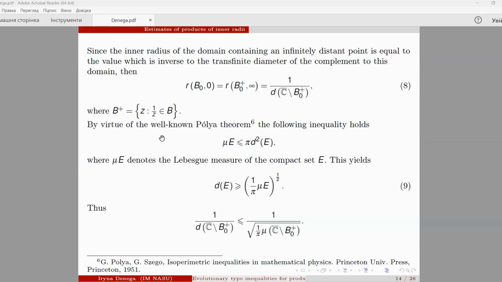Then by virtue of the well-known polar theorem, mu of E is less than or equal to pi d(E) squared, where mu of E denotes the Lebesgue measure of the compact set E. This yields inequality 9, and thus we obtain that 1 divided by d(C bar minus B_0^+) is less than or equal to 1 divided by the square root of 1 over pi mu of (C bar minus B_0^+).